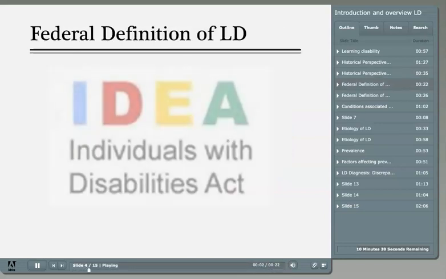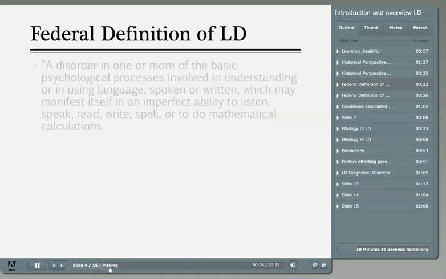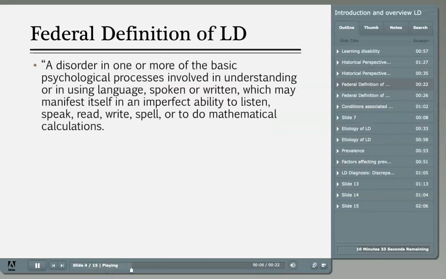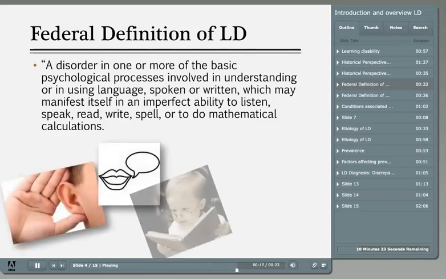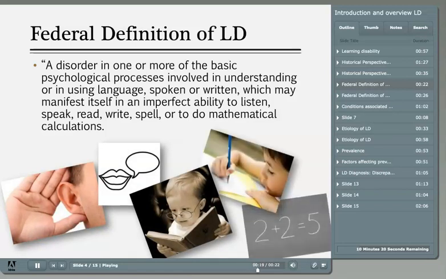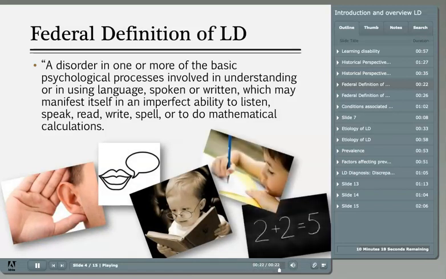The federal definition of learning disability includes that it is a disorder in one or more of the basic psychological processes involved in understanding or in using language, spoken or written, which may manifest itself in an imperfect ability to listen, speak, read, write, spell, or to do mathematical calculations.